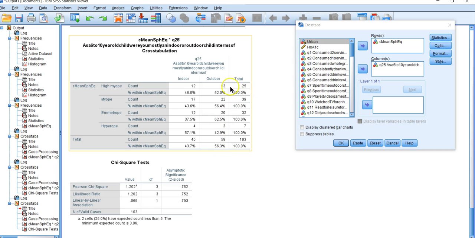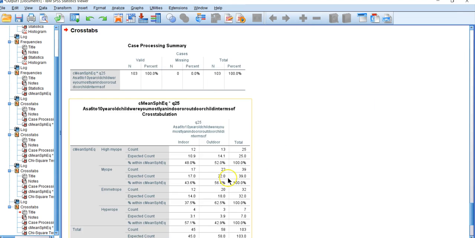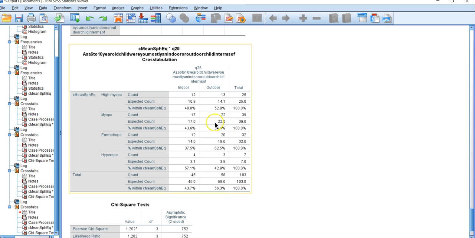The expected value for this cell right here of 12 is 45 times 25 divided by 103. And let's look to see what that is. That's 10.9.